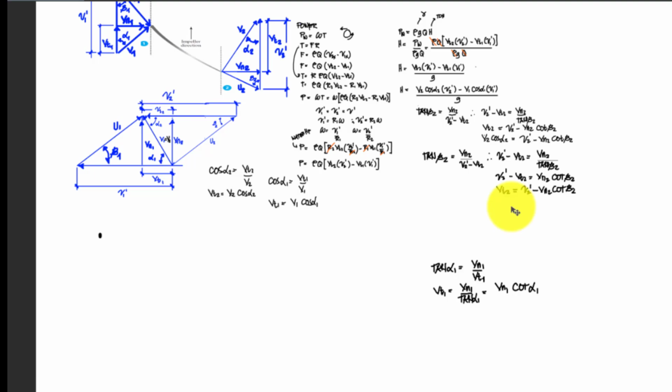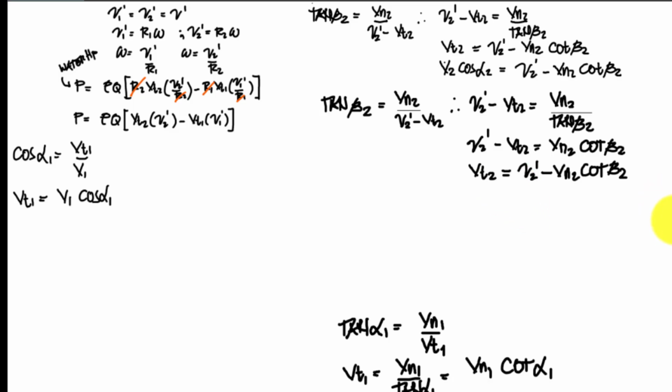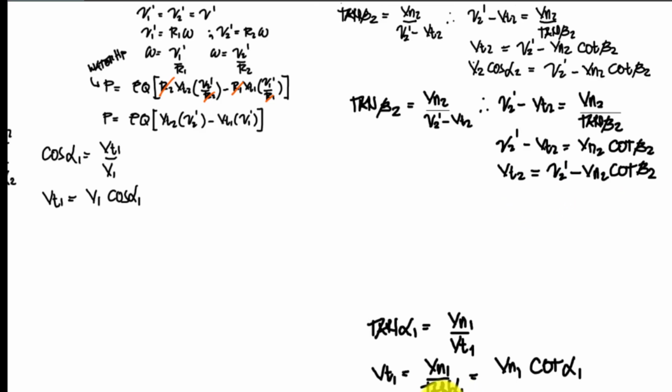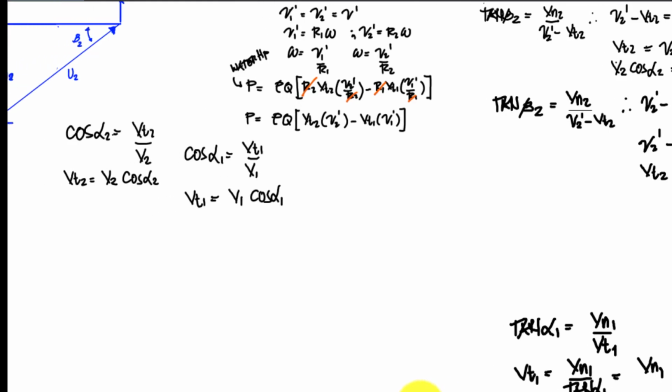Okay, so going back to the earlier equation, that is the tangential velocity, right? The value of the tangential velocity is the absolute velocity times my cosine alpha.